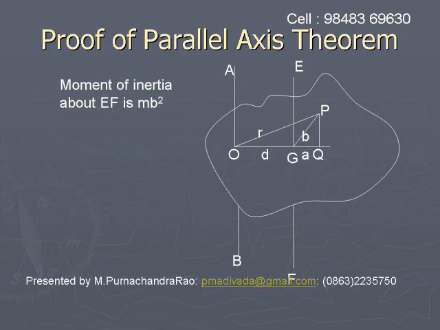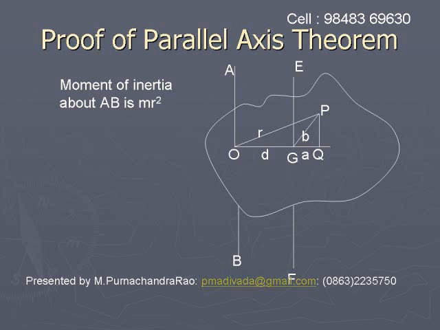Now the moment of inertia of the body about center of gravity is, say, Ig. The moment of inertia of the particle P about the axis EF is mb square. The moment of inertia of the entire body about center of gravity, Ig, is equal to sigma mb square.